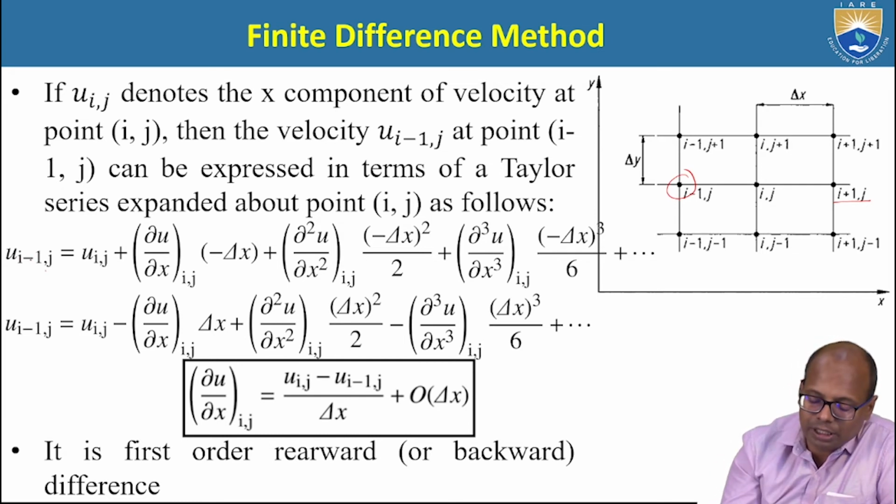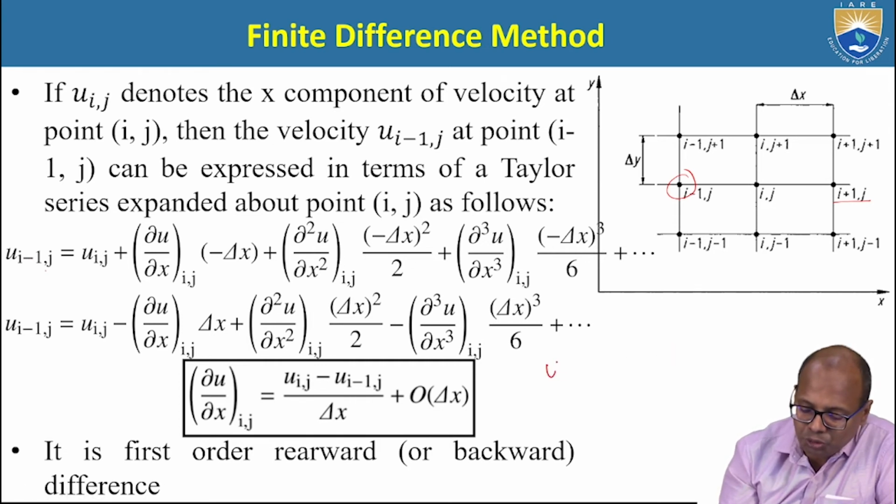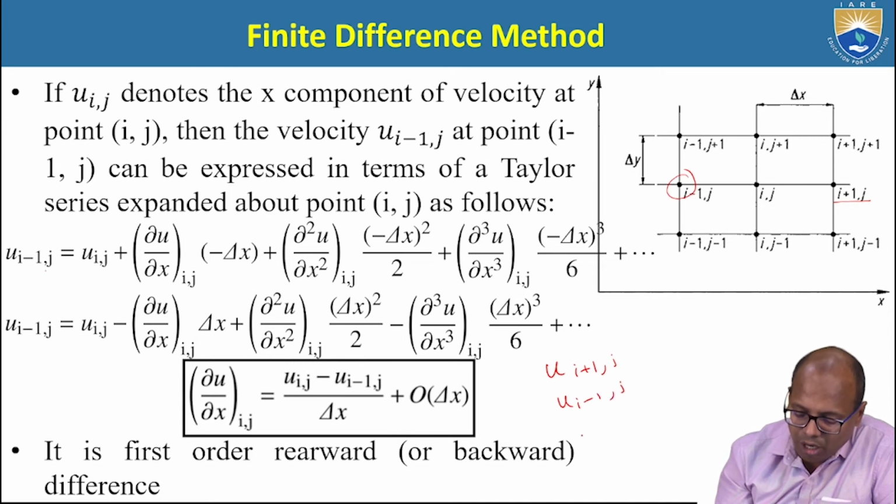Previously it was u i plus 1, j. Now here it is u i minus 1, j. So how can I write this? u i plus or minus 1, j, like that I can write. So in place of 1, I have to put minus 1.